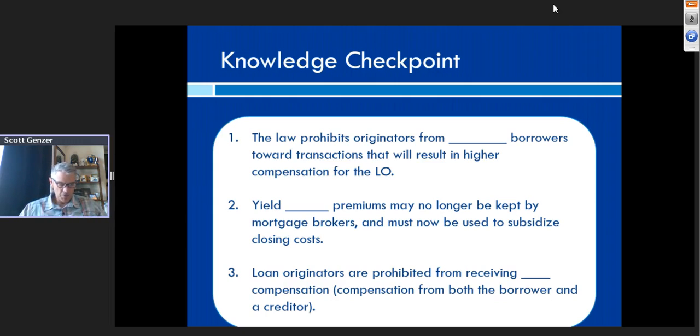So, is the way Mortgage Pro is calculating compensation okay or not okay? Can we pay the originator a percentage like that?